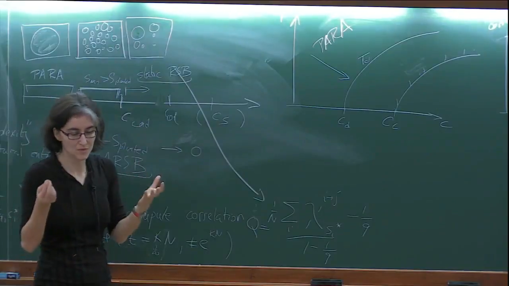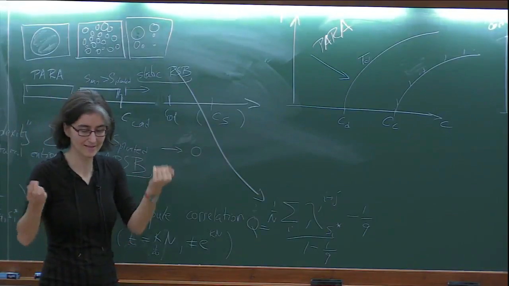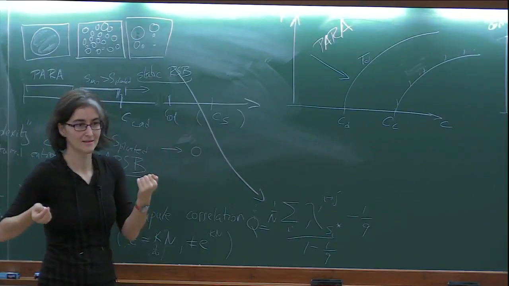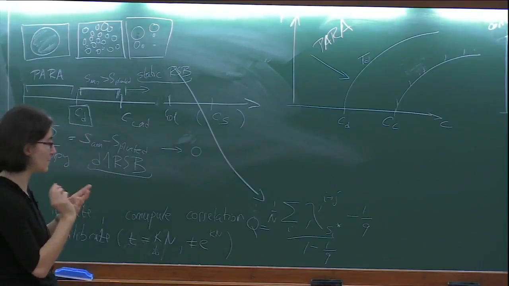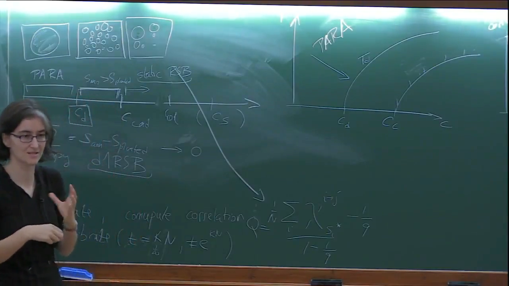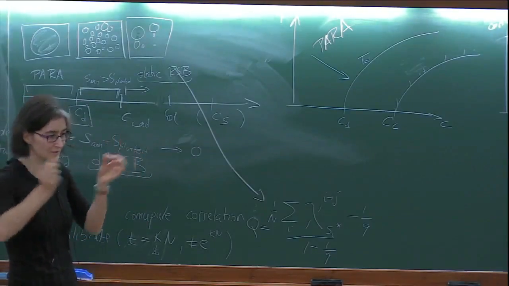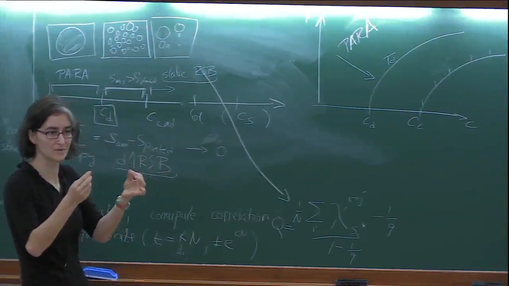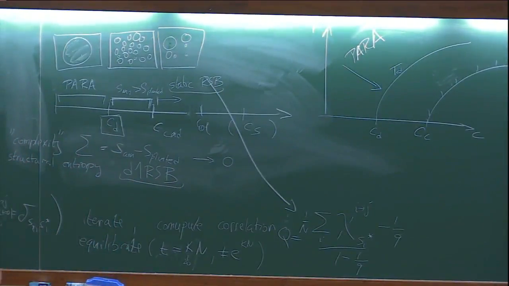So the distribution of these correlations is non-trivial. It has at least 2 delta peaks. It's not 1 delta peak, as it would be in most physical systems where we expect things like correlations and magnetization to be self-averaging. If you take a system big enough, it doesn't matter which configurations we picked. The correlation between them will be the same number all the time. So that's what happens here.